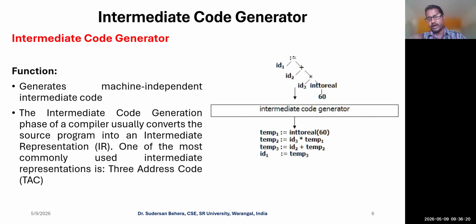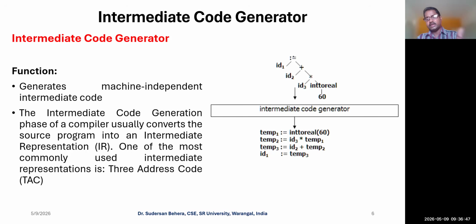That is ID1 equals ID2 plus ID3 times into real 60. This is the abstract syntax tree, and it now acts as an input to the intermediate code generator. The intermediate code generator breaks the entire syntax tree, or the entire code, into three address format. How does it do that?